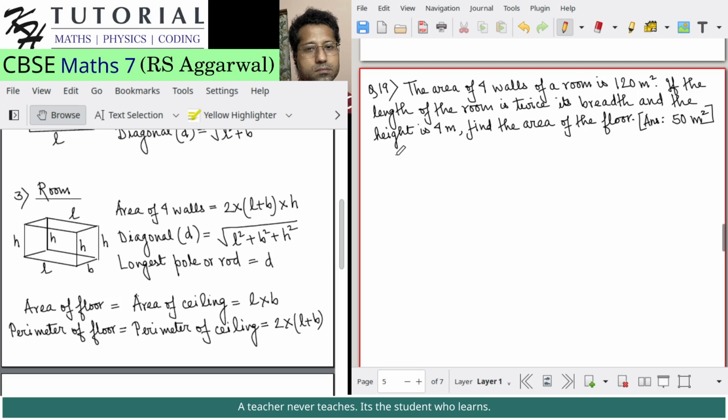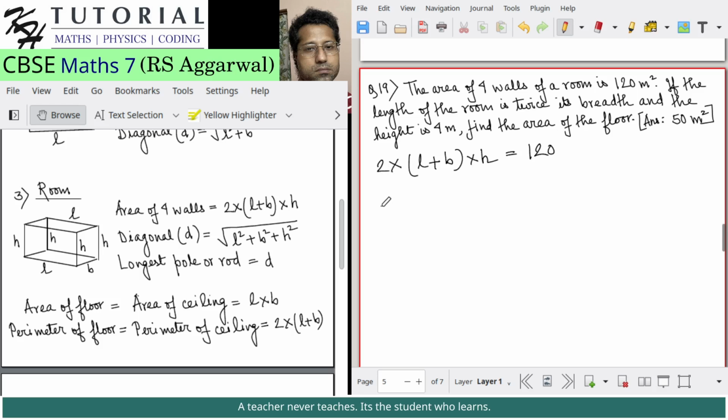So what is given? The area of 4 walls of a room is 2 into (length plus breadth) multiplied by height, where we are assuming that the length is L, breadth is B, and H is height, all in meters. So 2 into (length plus breadth) into height is given to be 120.